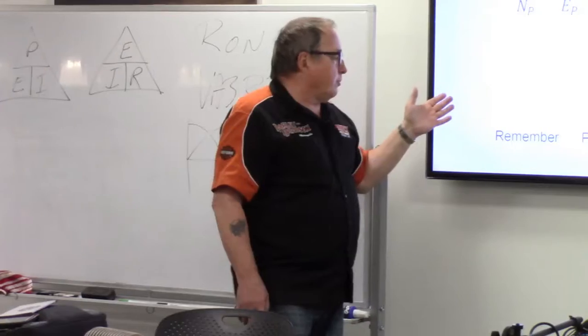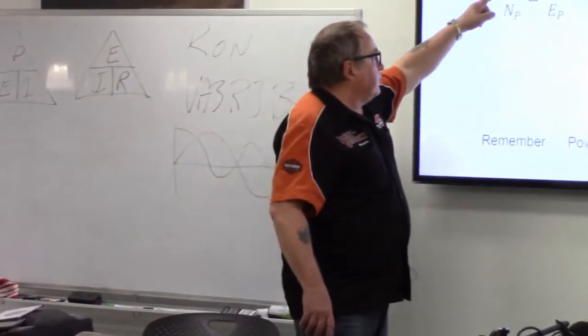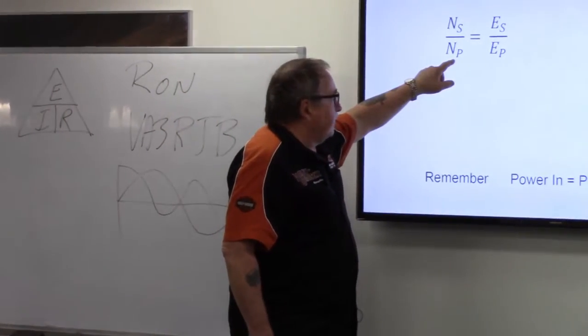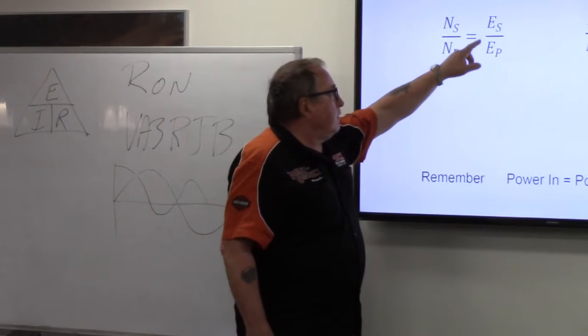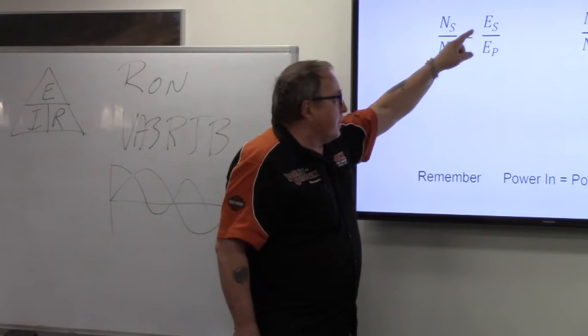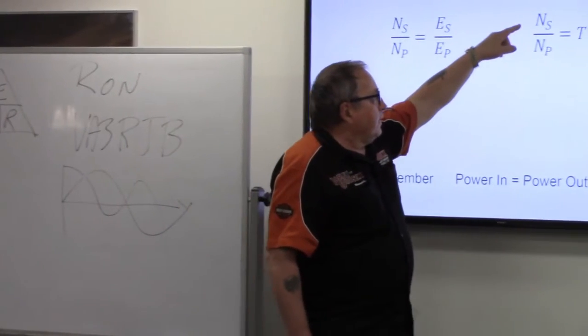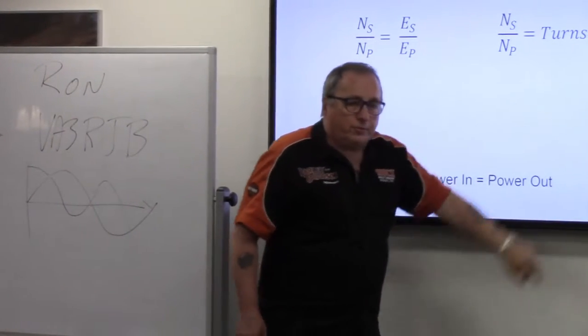So this is the relationship between power in and power out. The number of turns in the secondary over the number of turns in the primary is directly related to the voltage in the secondary over the voltage in the primary. NS over NP equals turns ratio.